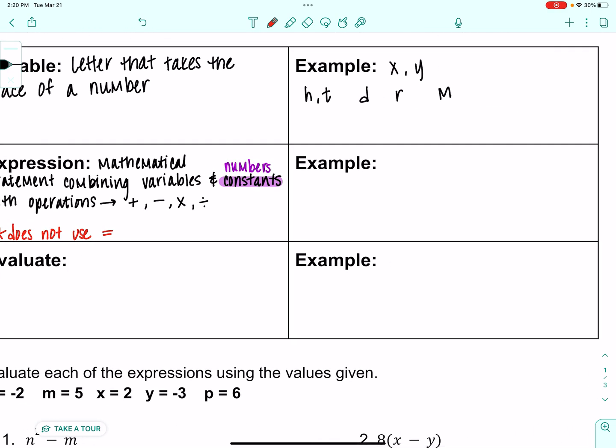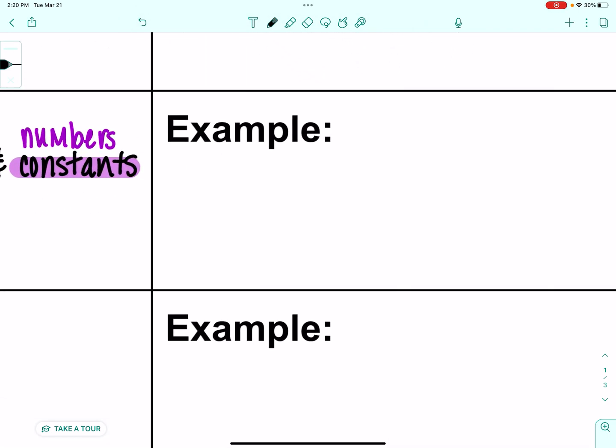An example of an expression could be as simple as 2x. Or maybe we want to talk about the perimeter of a rectangle. We're not going to use an equals.